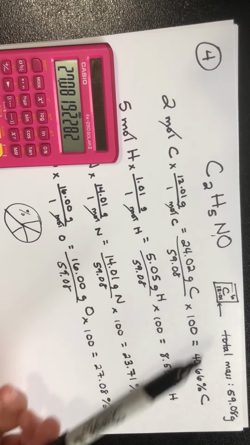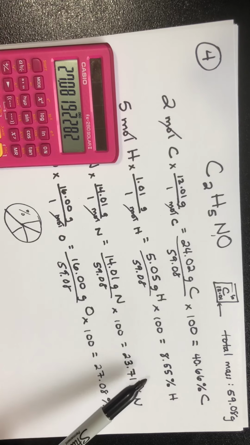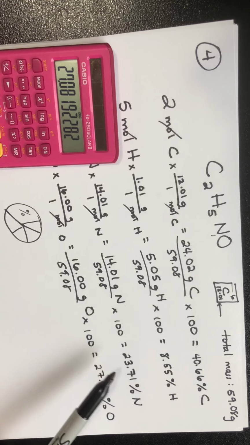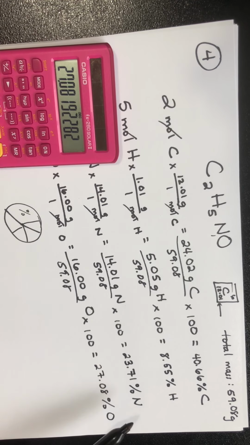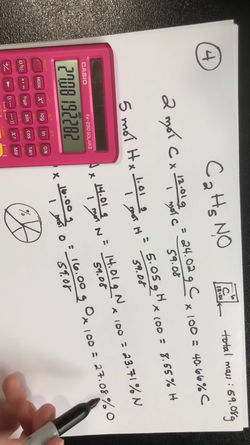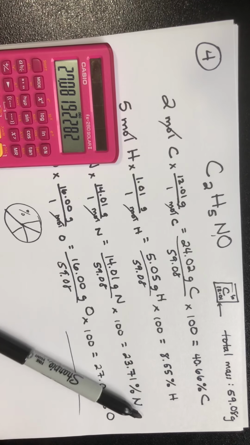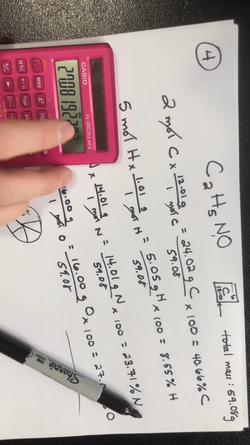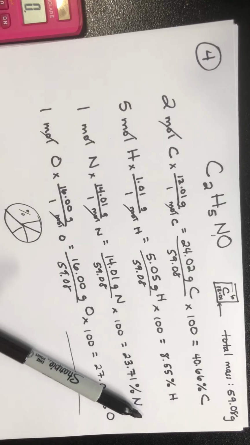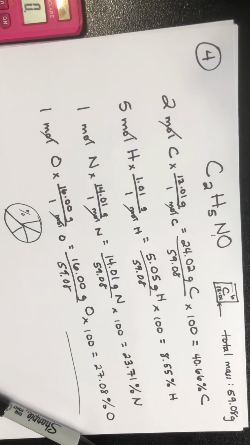So that's why you can't go off of this. You have to figure this out. You have to work all the way through. And then we have 23.71% of nitrogen and 27.08% of oxygen. And all of those are your final answers right there. So sorry for all of the interruptions in this, but I hope that me explaining this again kind of helps you.